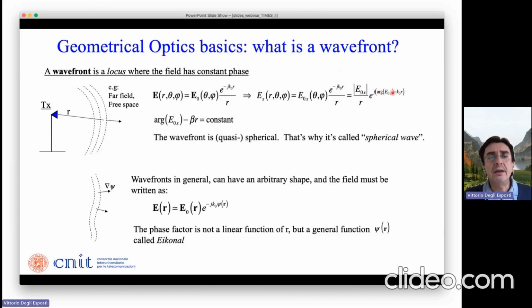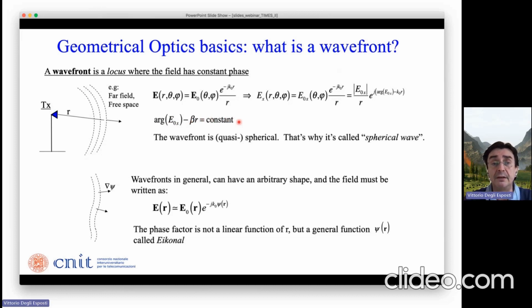So the wavefront is a locus where the field has constant phase. So we must pose argument of E0x minus beta r, with beta the phase constant, equal to a given arbitrary constant.